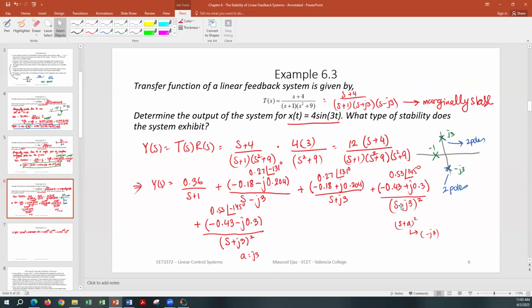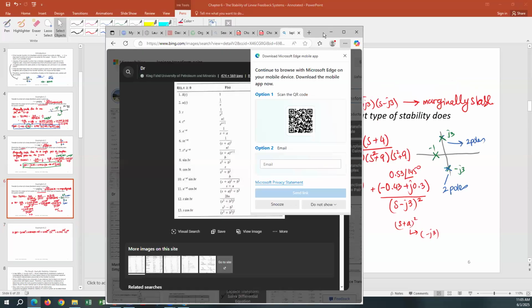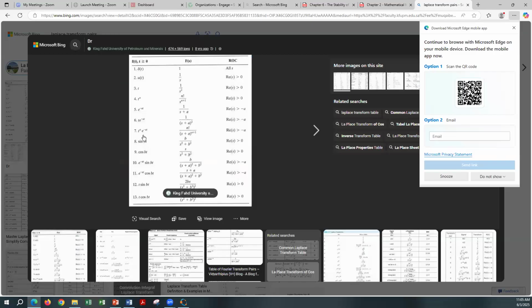Right, this is a. Again, if you look at this pair, 1 over s plus a squared is t e to the power negative a t. Yeah, so I'm using this pair: 1 over s plus a squared, t e to the power negative a t.